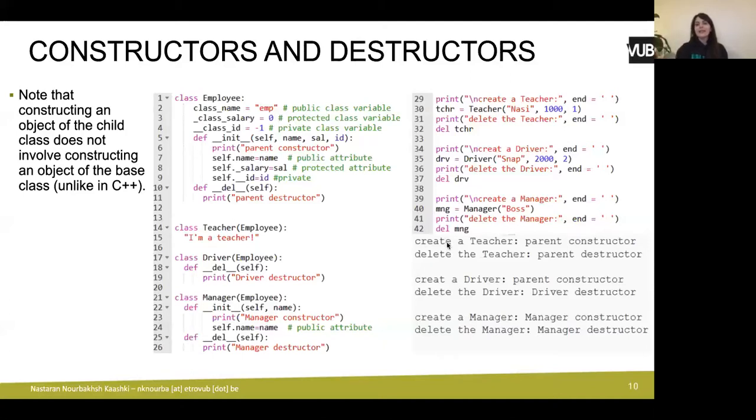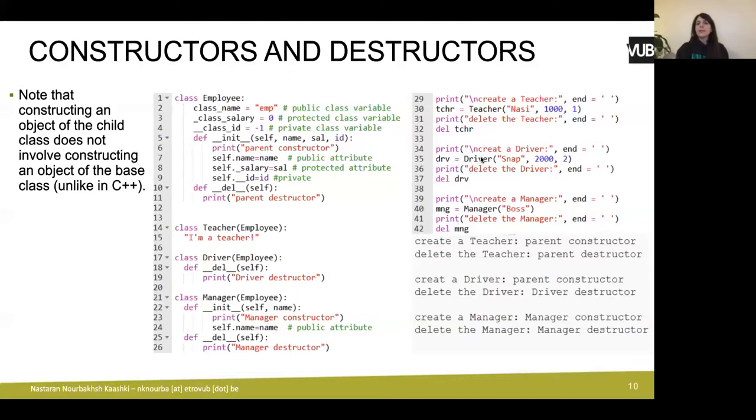And here, if I delete teacher, since the number of references to this one reaches zero, the destructor of this object will be called. And as you can see, it will be the destructor of the parent.